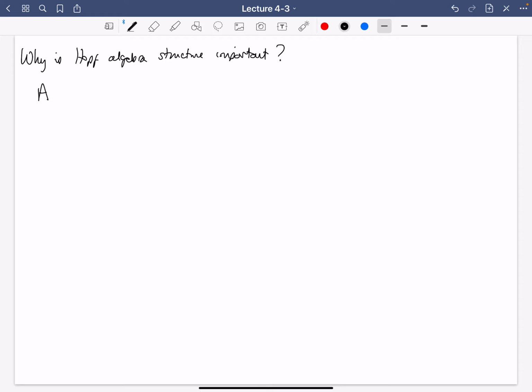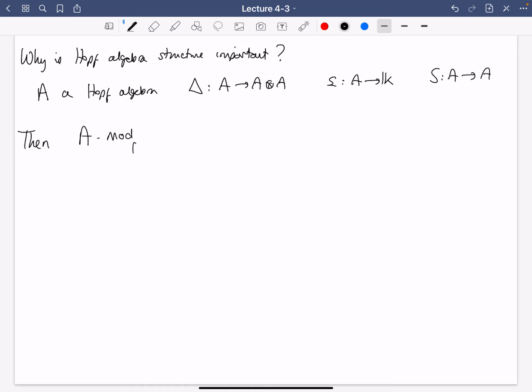Let's say A is a Hopf algebra with a comultiplication delta, counit epsilon from A to the ground field, and antipode S from A to A. Then the category of finite dimensional left A modules is what's called a tensor category.